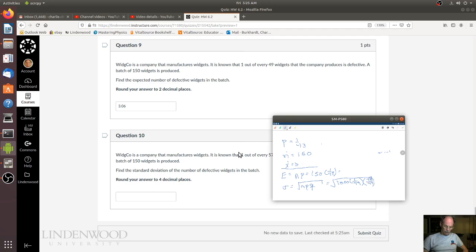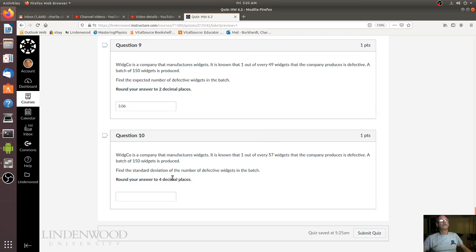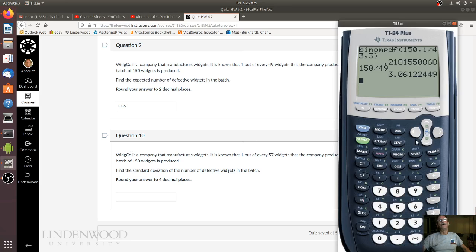That's just 1 minus 1/49th is 48/49. You can just take 1/49th, turn it into a decimal, and then take 1 minus that on your calculator, and you get the same thing.